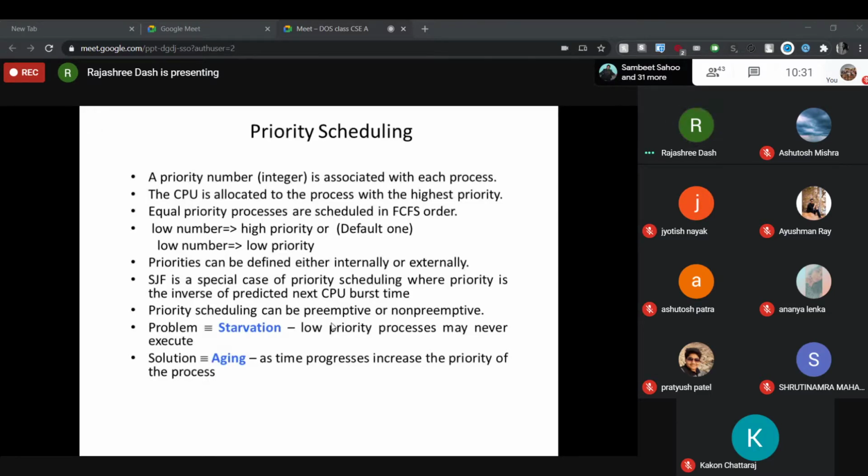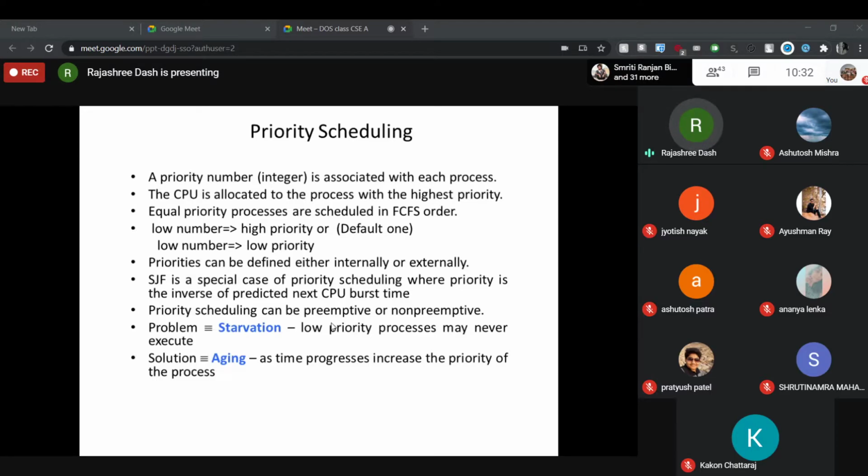As I have told you, priority is simply a number. A low number may be assumed as high priority, or a low number may be assumed as low priority. If a process has priority number 1 and another process has priority number 5, then process 1 will be considered to have high priority.